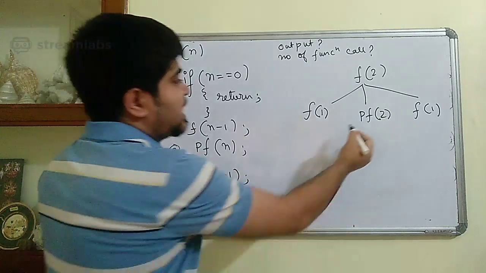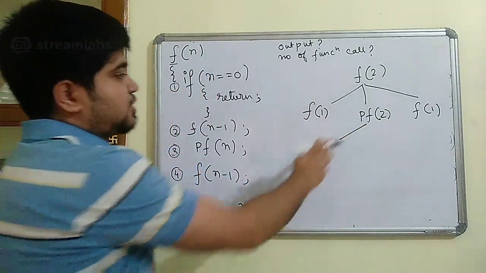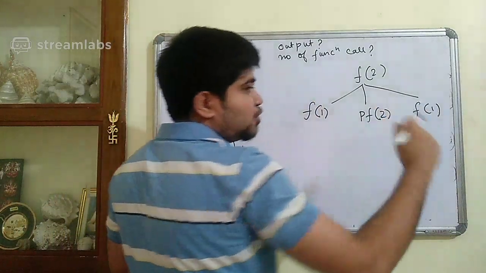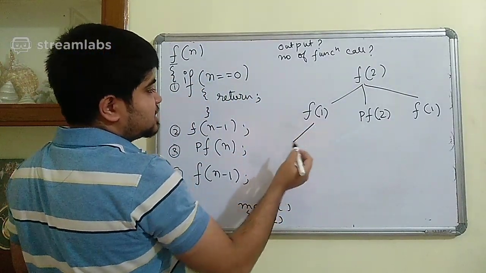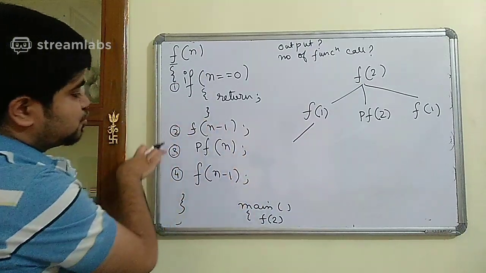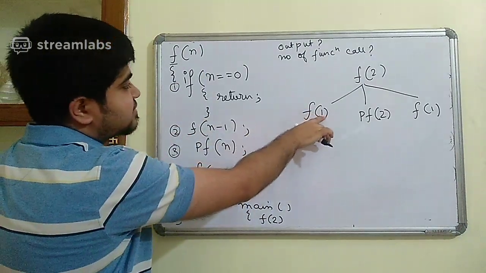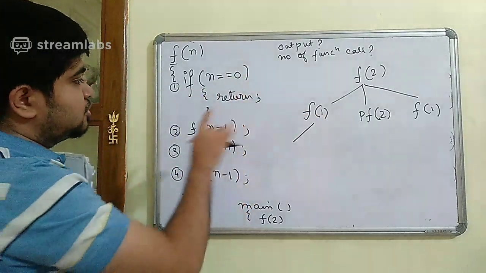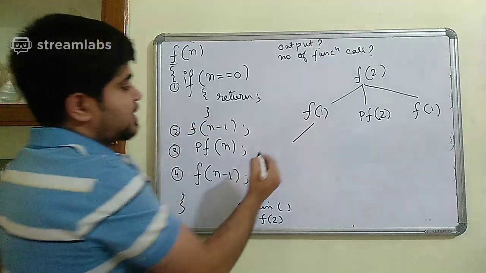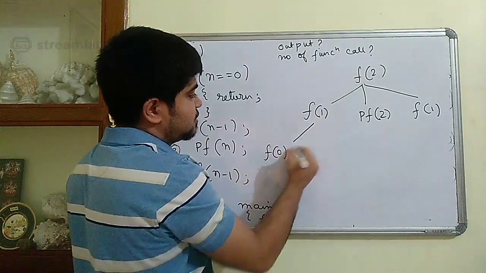So we have this. Now this function and this function both will perform again. So f of 1, it won't go here. It will execute lines 2, 3, 4, because n is equal to 1, so n is not equal to 0. It won't enter here. It will come here. F of n minus 1 is f of 0.